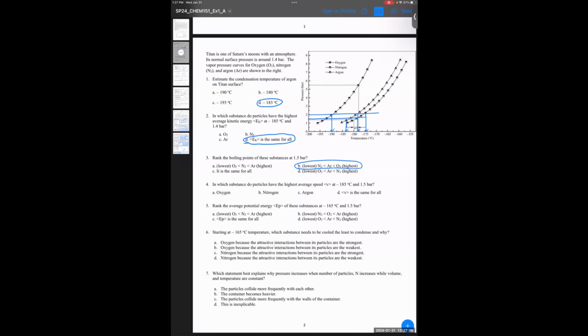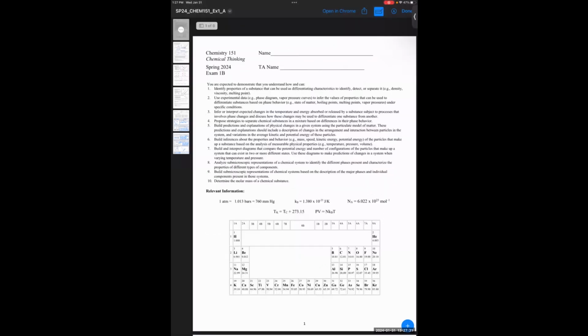To do this, we need to know how to determine the relative masses of the particles. So let's do that over here. The relative atomic mass of nitrogen is 14. You have 2 of them here. Therefore, N2 is 28. And then argon is 40. If you go to argon here, you see that the number under argon is 39.95.